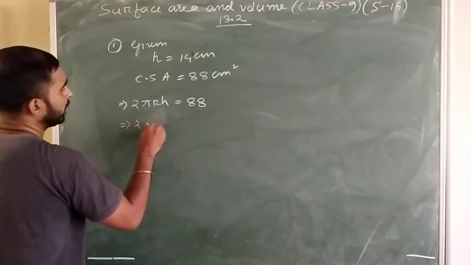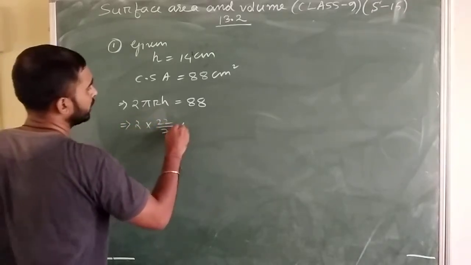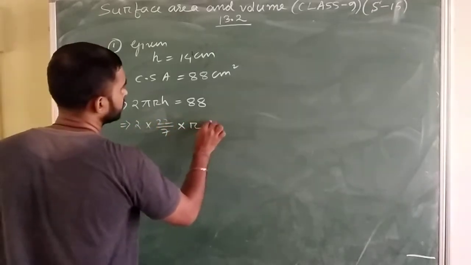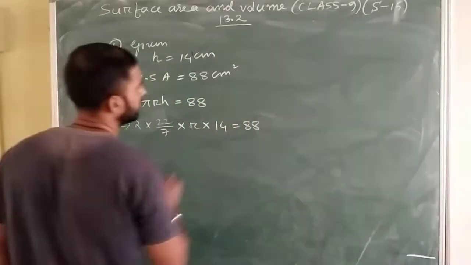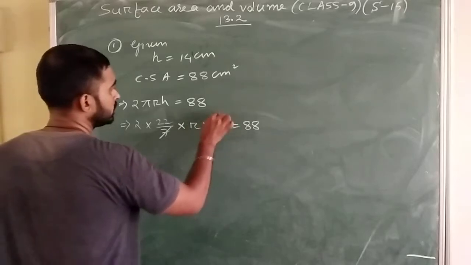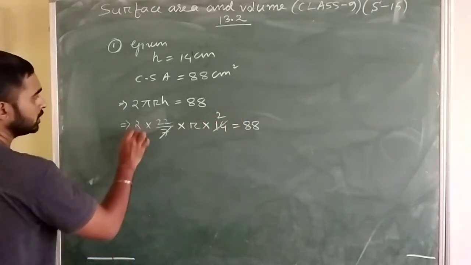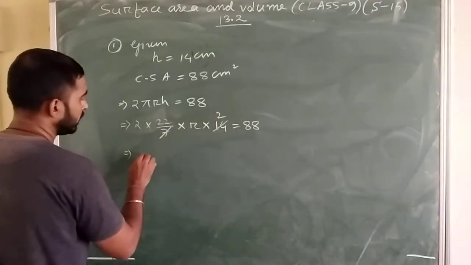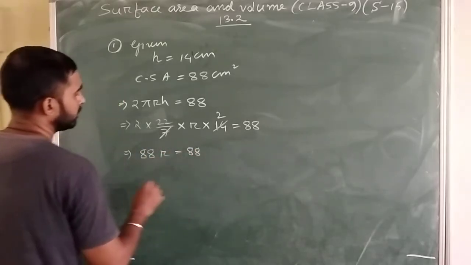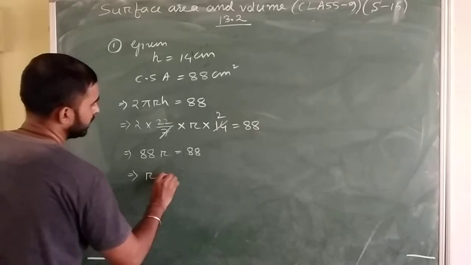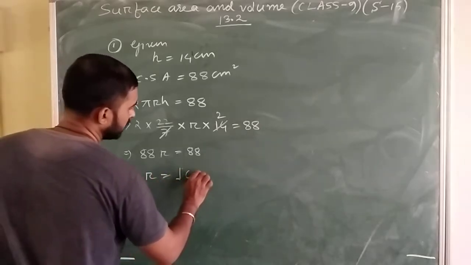So 2 pi means 22 by 7. R is not given, H is 14, equal to 88. So 44 into 2, 88. So what is R? R equal to 1 centimeter.